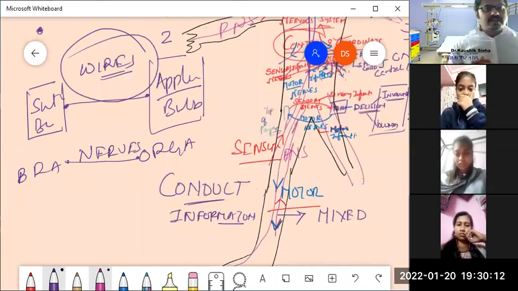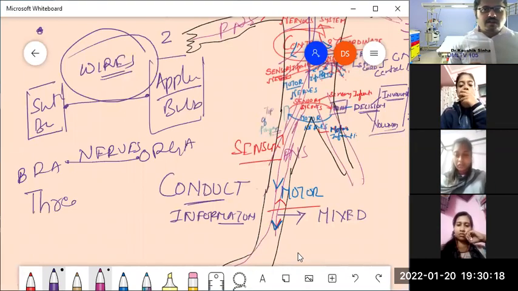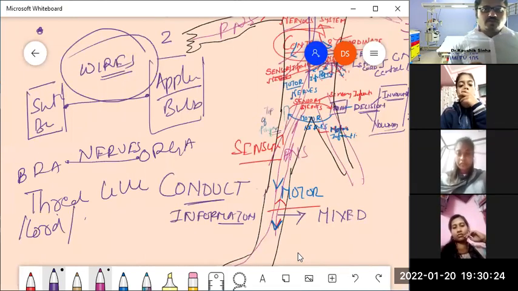So necessarily, these nerves would be having a thread-like structure, thread, or we can also use the term cord or string-like structure. That means what? Prolonged structure, long structures.